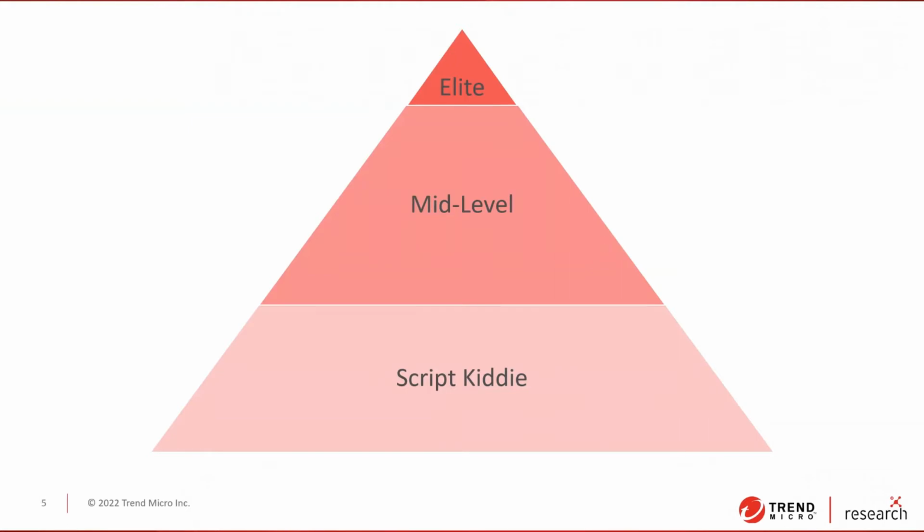And right at the top of the pyramid, we've got the elite criminals. These are the folks who have moved up in the ranks and are now operating as fully professional. International organized crime syndicates are part of this. They'll have advanced business models, and that's what we're going to be talking about in a little bit.